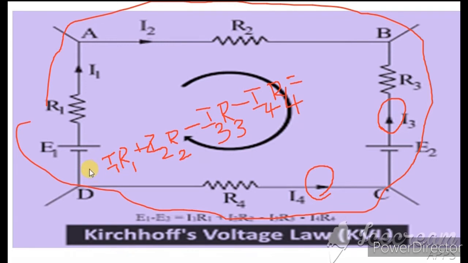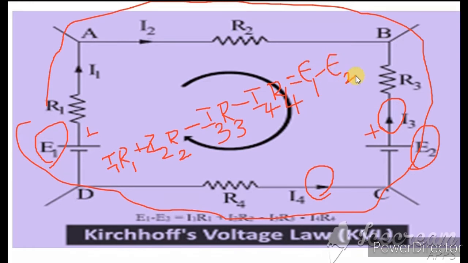This EMF is E1 here, and this side we have the term E2. Already I told you that when it is going from positive to negative, it is taken as plus. But here, this is positive and it is going to what? This. That is again positive. So we can write as minus. So we are writing as E1 minus E2, because it is moving in the same symbol.